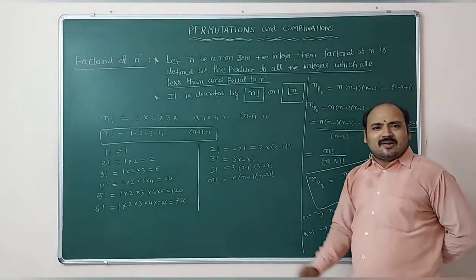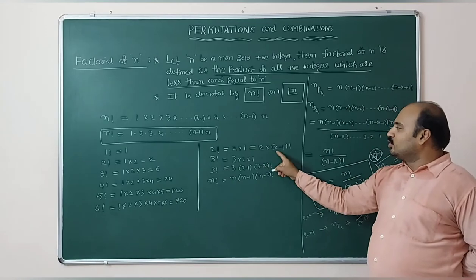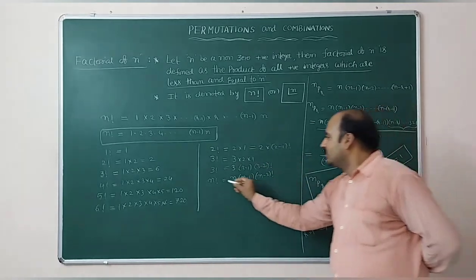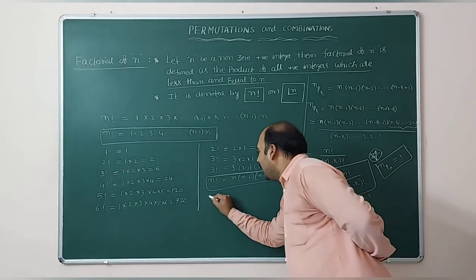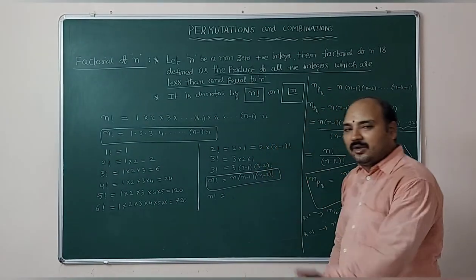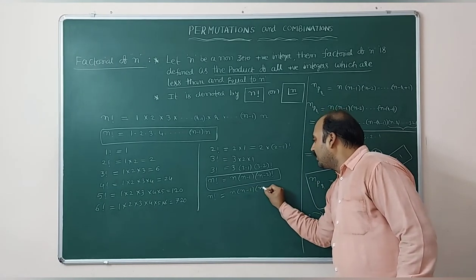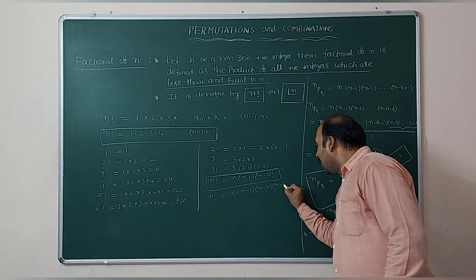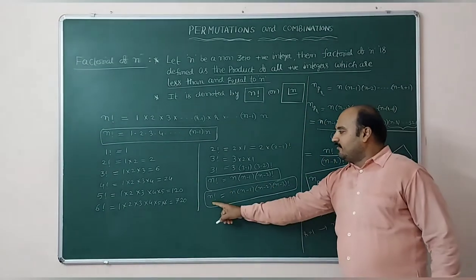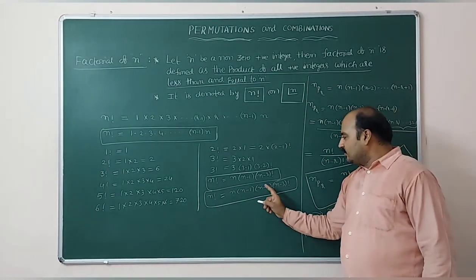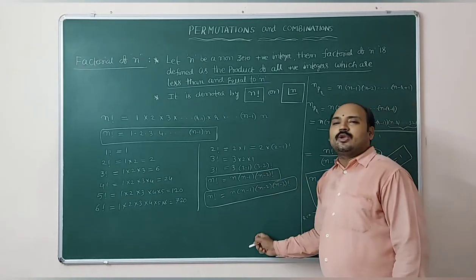Can I write like this or not? Even here also you can write 2 factorial as 2 into 2 minus 1 factorial. Not only this one, we can write and so on. n factorial is n into n minus 1 into n minus 2 into n minus 3, according to the convenience, according to the steps, you can write it. n factorial can be written as n into n minus 1 into n minus 2 into n minus 3 factorial. This is the way you can write it.